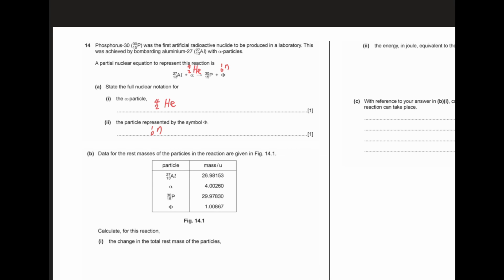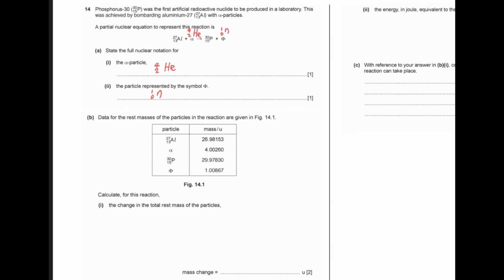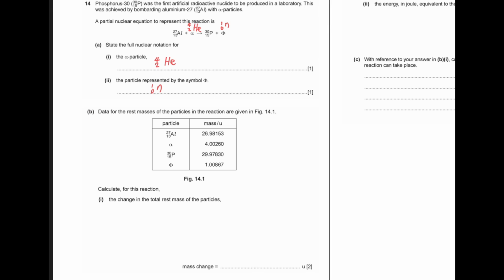Now let's look at part B. Data for the rest masses of the particles in the reactions are given in figure 14.1. So you can see the mass over here. Calculate for this reaction the change in the total rest mass of the particles.